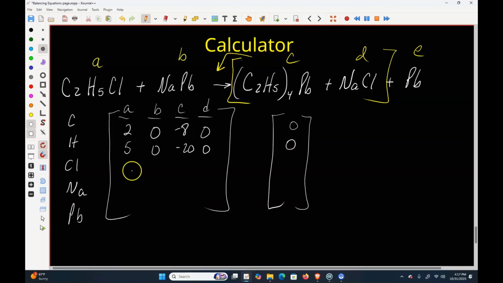For Cls, I have 1, 0, 0, negative 1, 0. For sodiums, I have 0, 1, 0, negative 1, and 0. For leads, I have 0, 1, negative 1, 0, and 1.